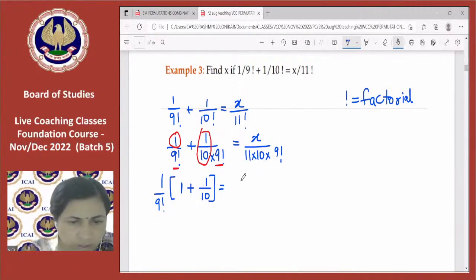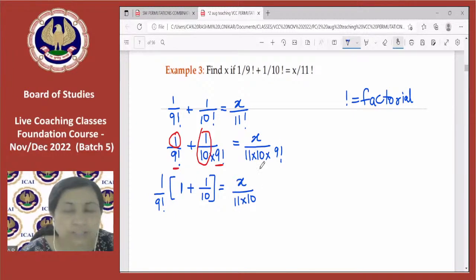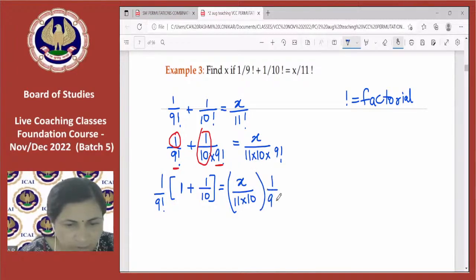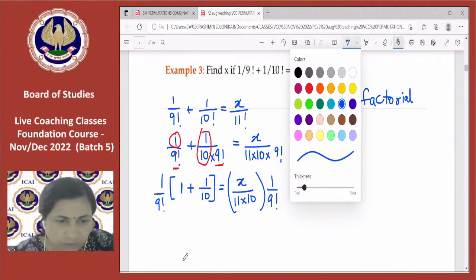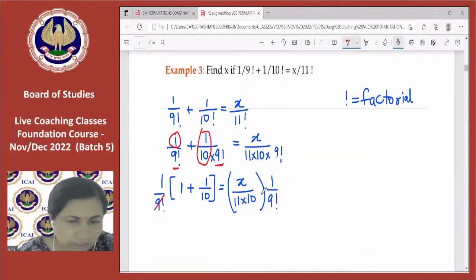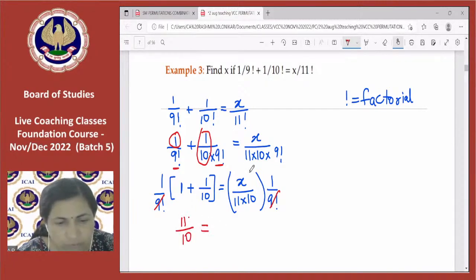Is equal to x upon 11 into 10. Because I have taken out the 9 factorial, what is left on the left hand side is 1 plus 1 upon 10, and on the right side I write 1 upon 9 factorial. Now you have 9 factorial on both sides of the equal to sign, so this will cancel. 1 plus 1 upon 10 is nothing but 11 upon 10, and on the other side I will have x upon 110.